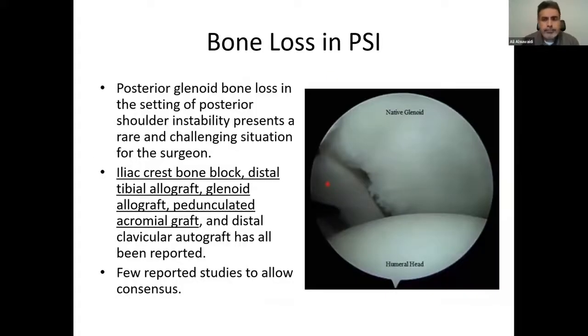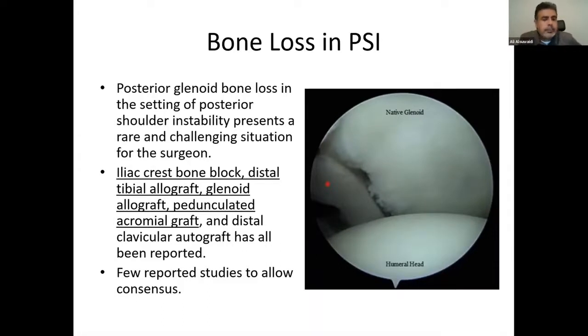The bone loss and posterior shoulder instability, I mean, it's not as common as the anterior, and is not commonly talked about, but what has been used in the past to address this is an iliac crest bone block, or a distal tibial allograft, which was found to be the most suitable.